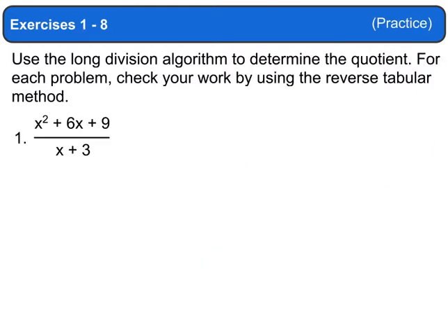Okay, so I'm going to do a few of these. I don't know that I'm going to solve all of exercises 1 through 8. I do recommend that you go through some of these, if not all of these, and make sure you can do some of them. It says to check your work by using reverse tabular. You do not have to do that.